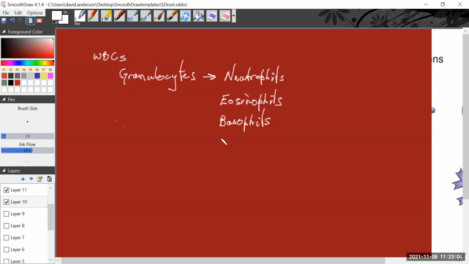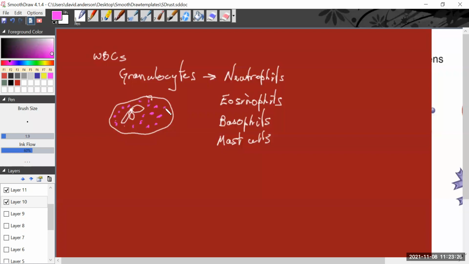We can even include some mast cells here. They're all called granulocytes because if we look at them under a microscope, they tend to have a nucleus that's often got lobes associated with it. But more importantly, when it's called a granulocyte, we can see granules in the cytoplasm.